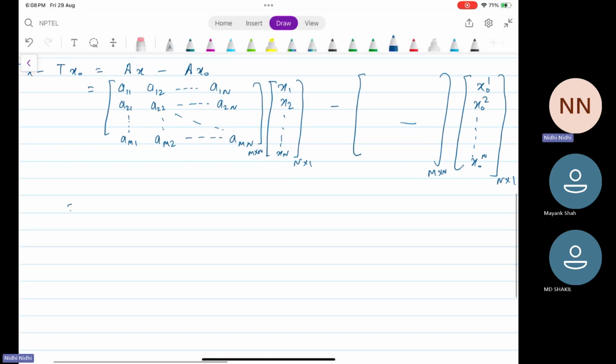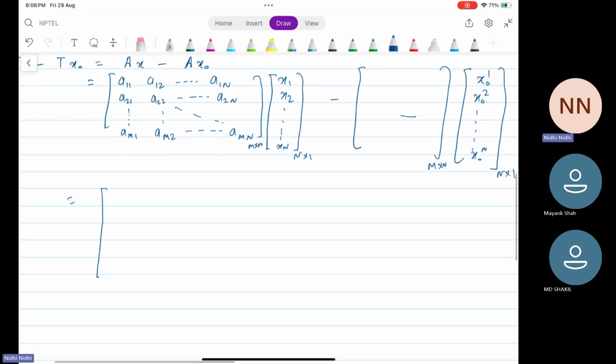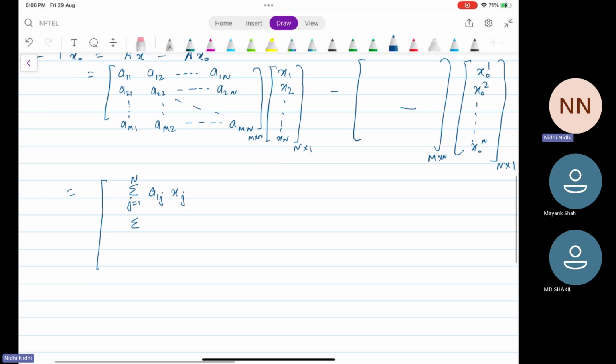So this is equal to, you know, how to multiply the matrices. This will be summation j from 1 to n a1j xj. Then in the second row, summation j from 1 to n a2j xj, and so on up to summation j from 1 to n amj xj.